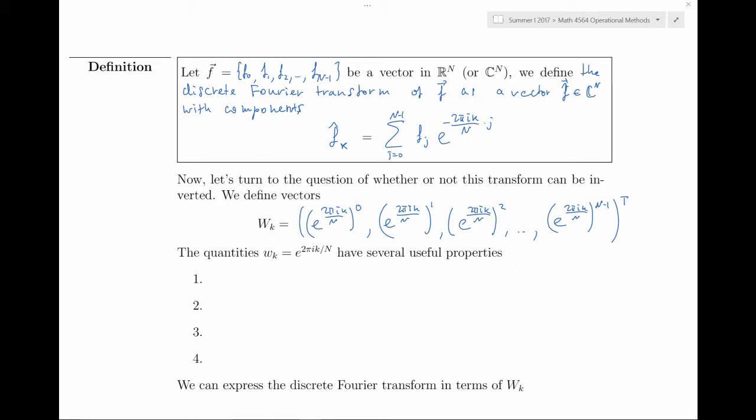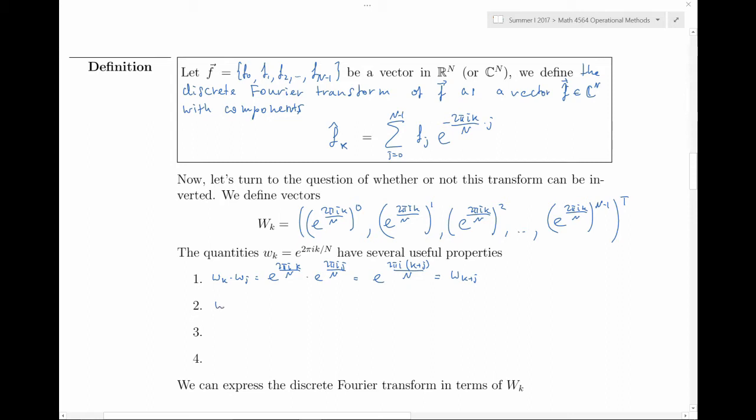So I'm going to represent the numbers that are being raised to different powers here as little wk, and these numbers have several useful properties. For example, if I take wkth number and multiply it by wjth, then this is going to be e to the 2 pi i k over capital N times e to the 2 pi i j over capital N, and I can write it as a single exponential 2 pi i times k plus j over capital N, so it is a number w with the index k plus j.